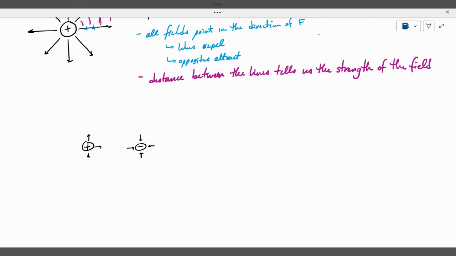So let's say we are a charge out here. We are going to feel a push this way, and we're going to feel a pull, but that pull is going to be weaker. So my resulting field of force will be that. If I then go to the halfway point, somewhere here, it would feel an equal push and an equal pull. So we would have a line like this.